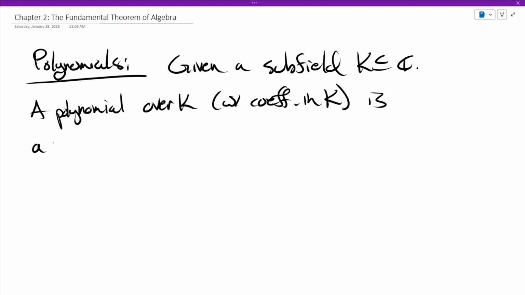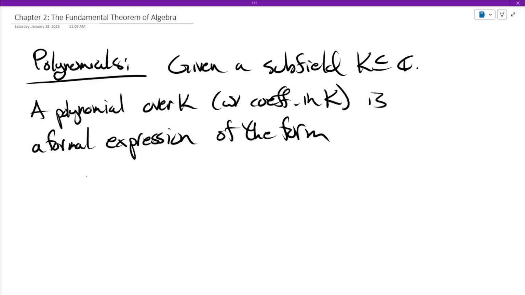is a formal expression of the form r0 plus r1t plus r2t squared.